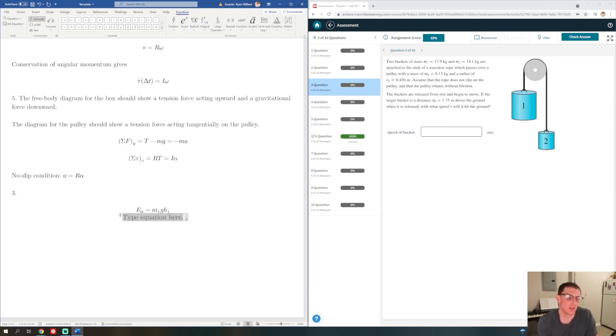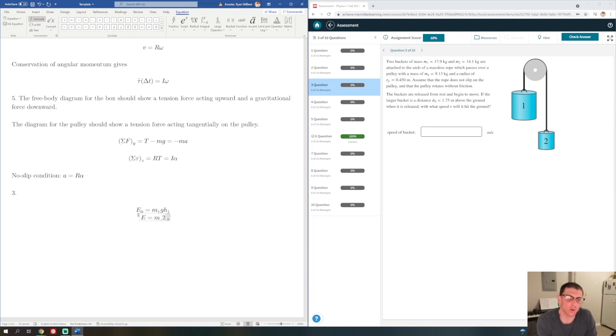Okay, so then the final energy is going to be, well, because these buckets are constrained to move together by virtue of the fact that they're connected to each other with a rope, however far down the larger bucket moves has to be how far the smaller bucket moves up, right? So their gravitational potential energies sort of exchange forms.